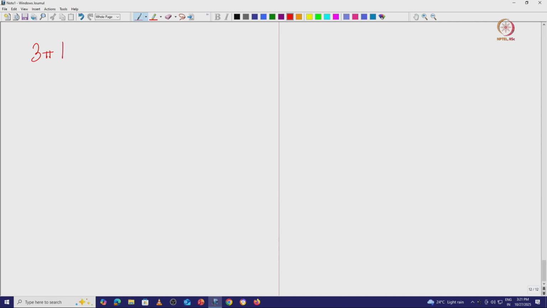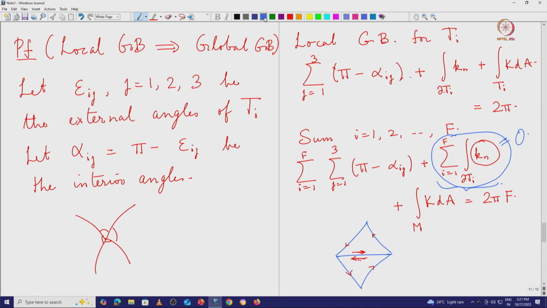For the first term, you basically have 3 pi times F minus, so let me go back to the first term. When you sum up pi over the 3 vertices, you get 3 pi, but then you have to sum over all possible faces, so that gives you 3 pi F. Similarly, if you sum up all the possible interior angles at each vertex, I have already commented that the interior angles sum up to 2 pi.